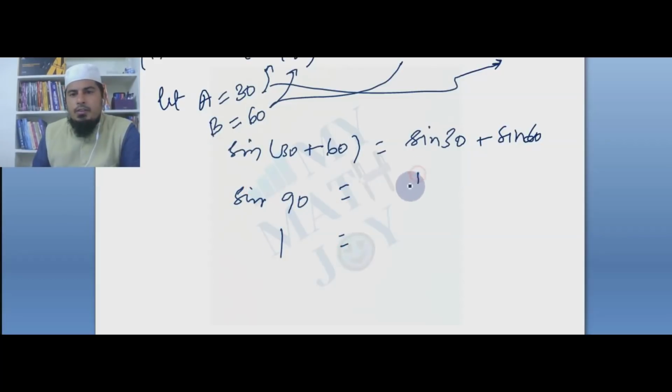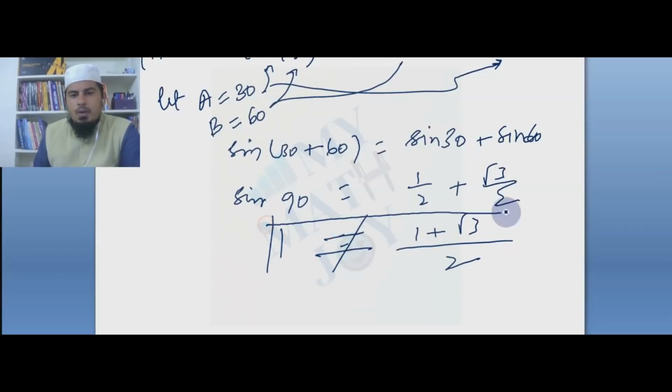Sine 30 is 1 by 2, sine 60 is root 3 by 2. If I simplify, it tells that they are not equal.